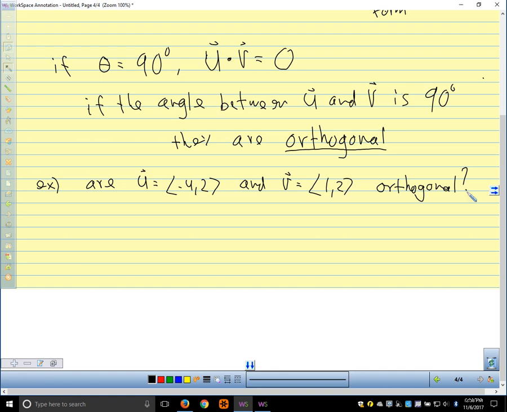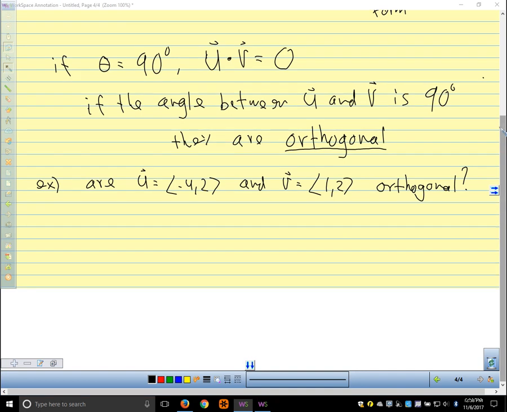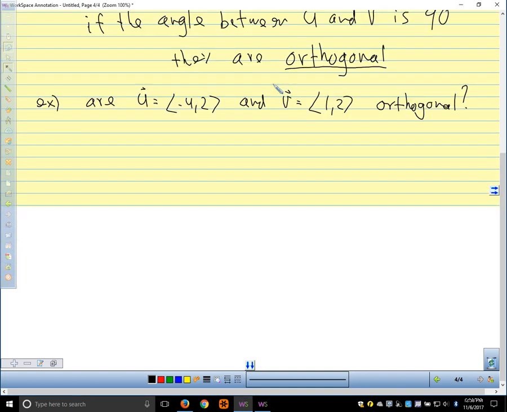So what this is asking us to do is calculate u dot v. We could calculate the angle, but now we know we don't have to. u dot v is negative 4 times 1 plus 2 times 2, which is 0. And so our answer is yes. They are orthogonal.